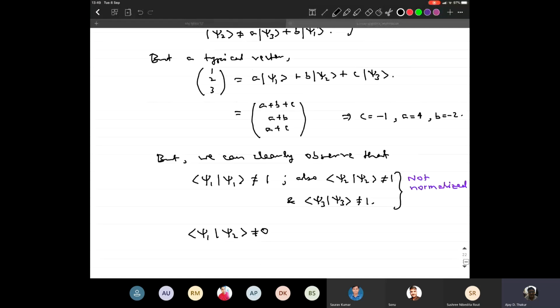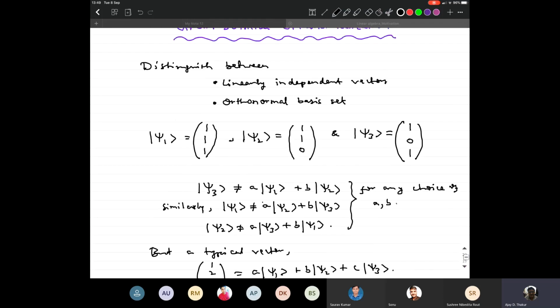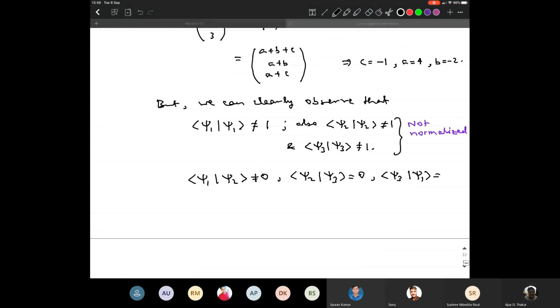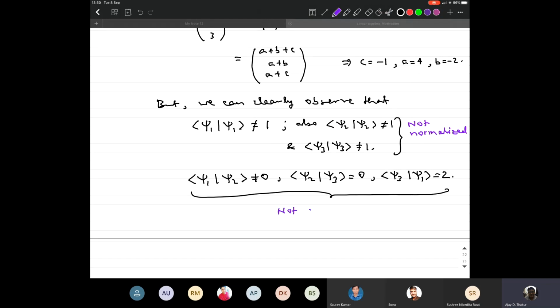So taken together, they're not really forming a set of orthogonal vectors.